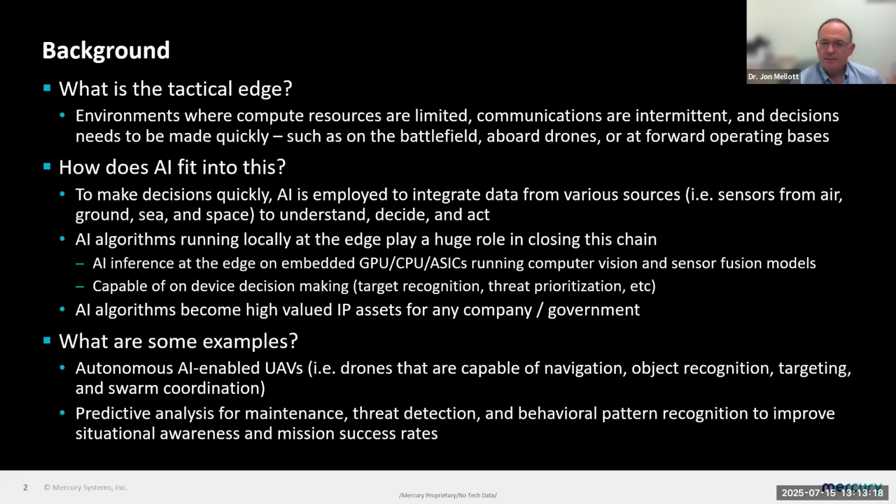And they may be able to see something and take an action based on what they see. But if they're in a contested signal environment, they may not have good connectivity. So it may not be a live thing. It may be something that they get after the fact. So the application of AI allows actions to be made autonomous in some cases.